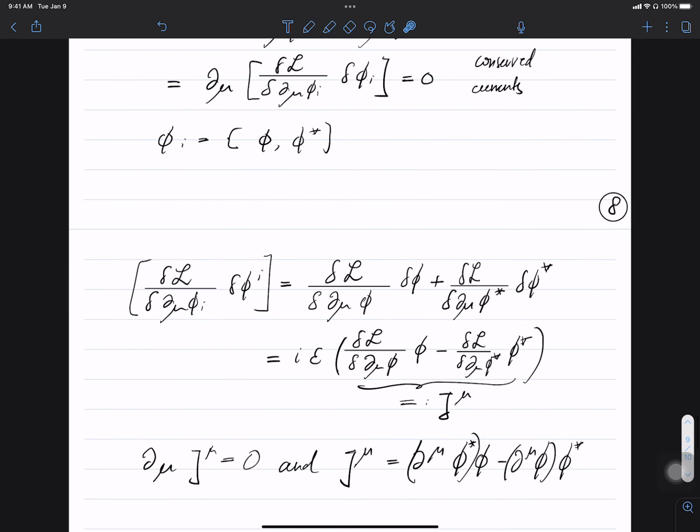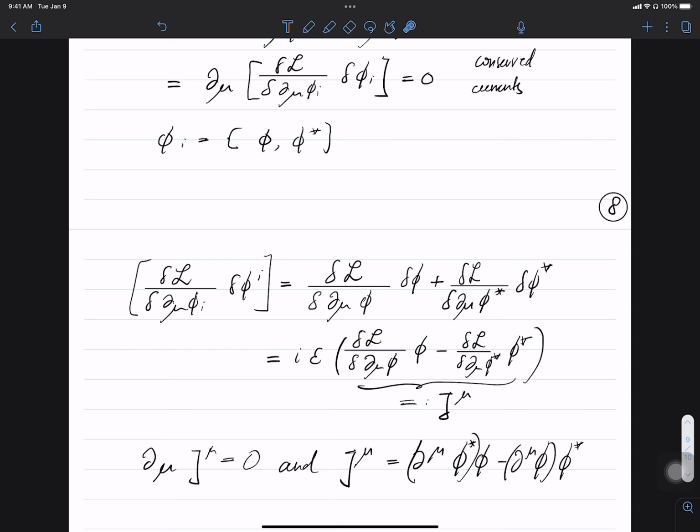So now, treating phi and phi star as independent fields, we can take this quantity and evaluate it, summing over phi and phi star. The first term is the derivative of L with respect to the first field, phi, then with respect to the second field, phi star, we have two terms. We have defined what this variation of phi means.